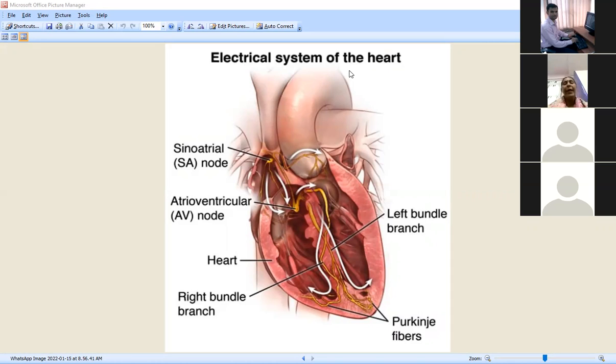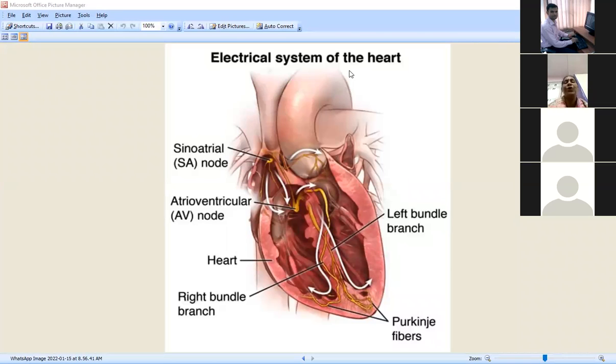Then the AV node. After this, when the atria contract, this signal goes to the AV node, and then the AV node again starts forwarding the electrical signal, and in this way these two ventricles contract.